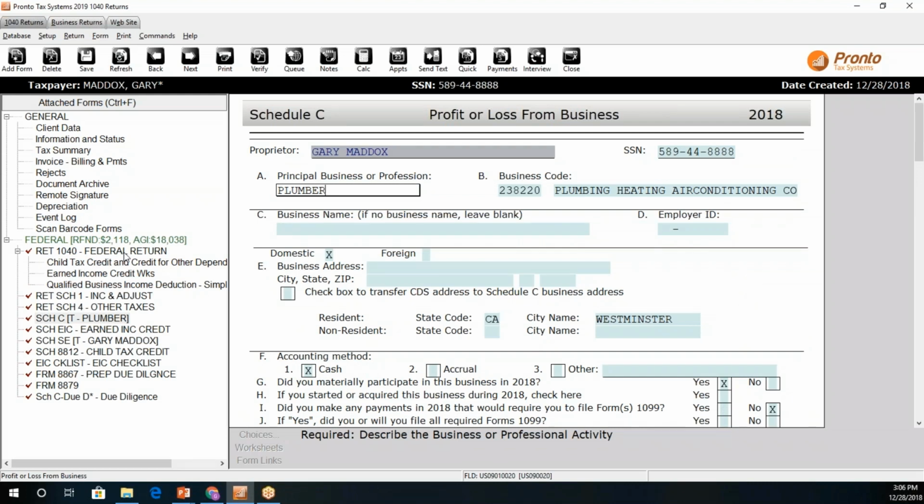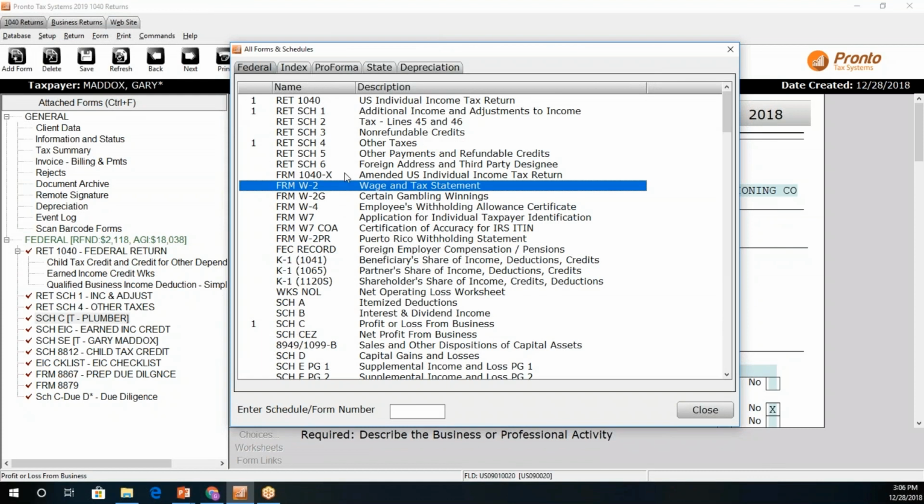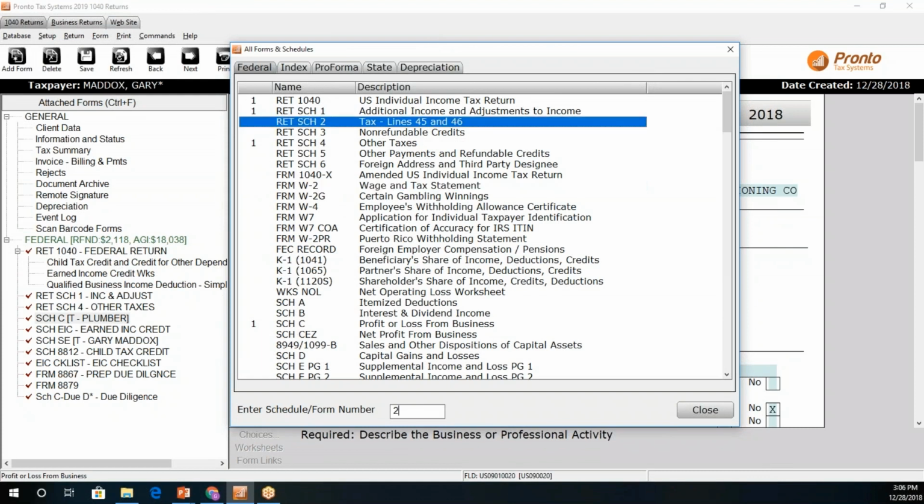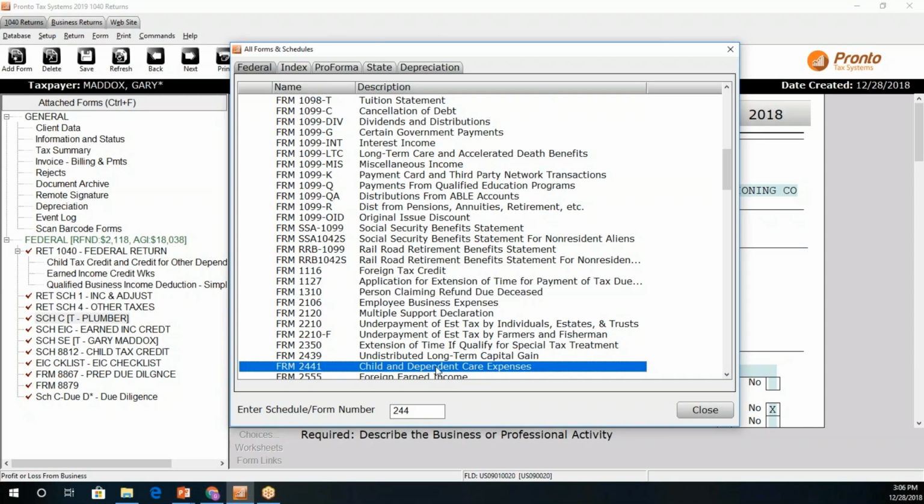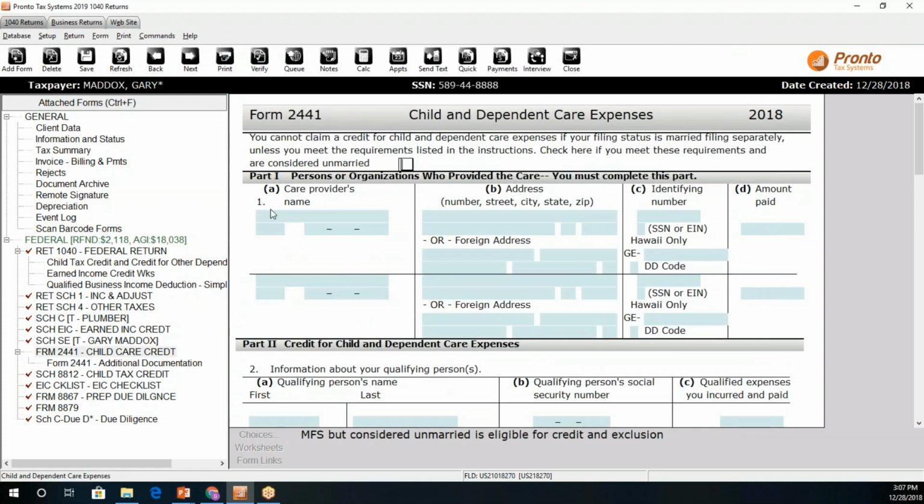So we did that. He had daycare. So we're going to go up here, add a form, and for those people that don't know, the form number is 2441, and it's right there, or you could have put childcare or whatever. So that's what we're going to do next. So the daycare provider is called Pronto Daycare.